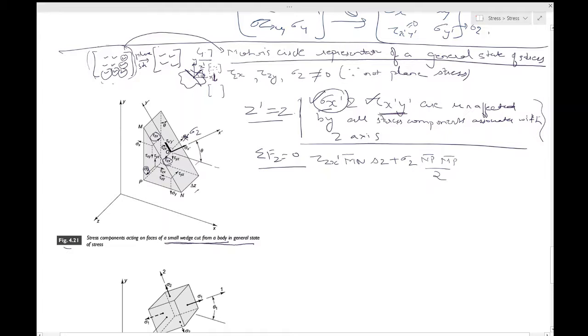Since it's acting in that direction, you will have a negative sign. So tau zx into MP into delta z.